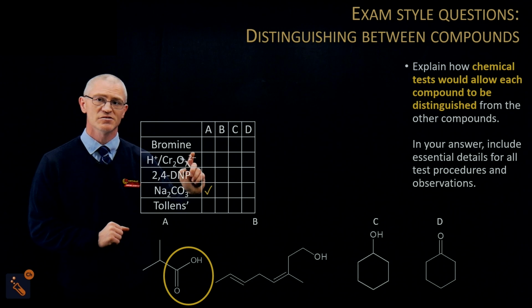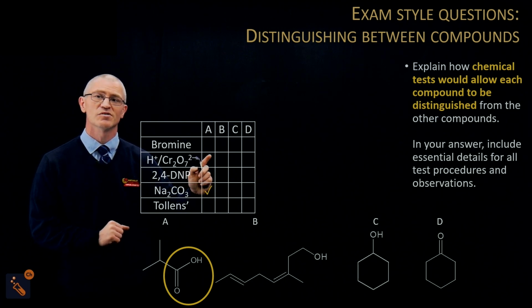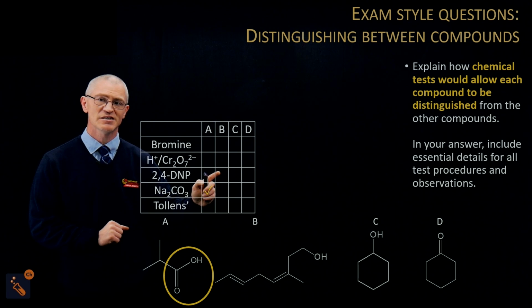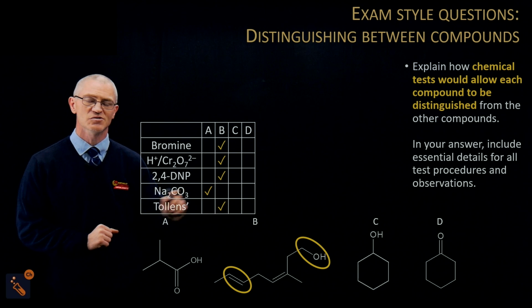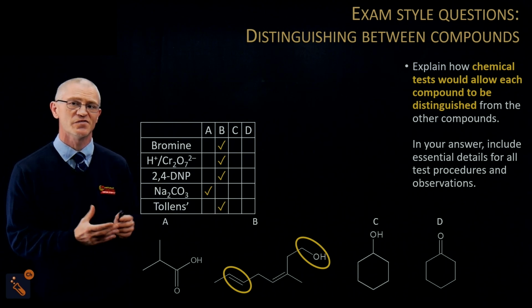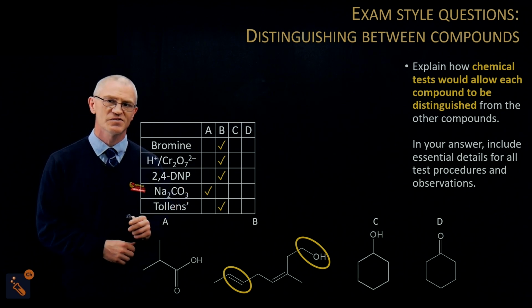And the primary alcohol can be oxidized. And if it's oxidized, the primary alcohol can be made to create an aldehyde. That aldehyde can be tested with 2,4-DNP, or it can also be tested with Tollens. And as you can see, all those reactions can happen. We'll decide at the end which ones we distinguish with, but for now, we are just ticking which ones we can do.